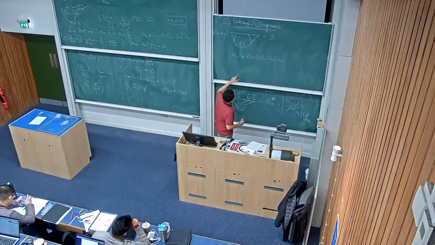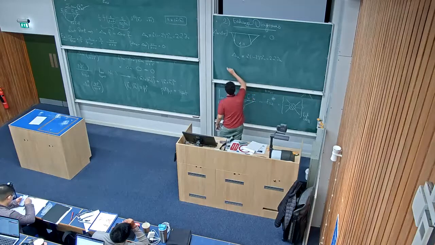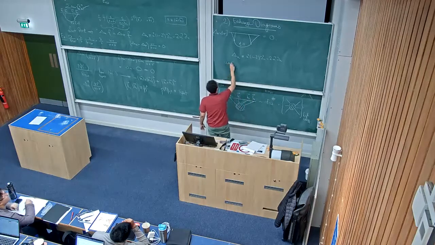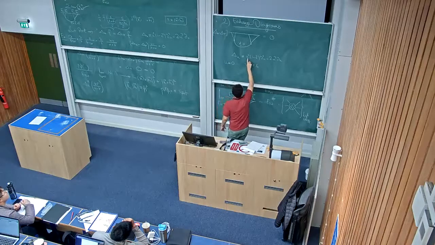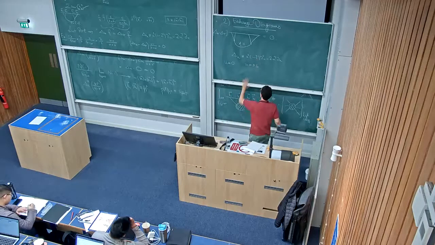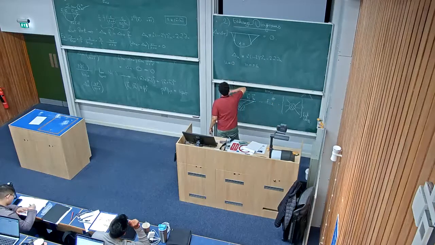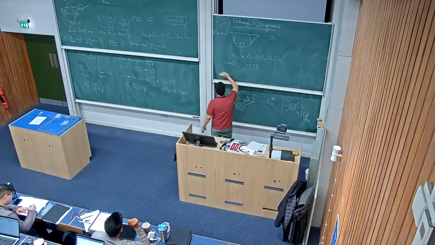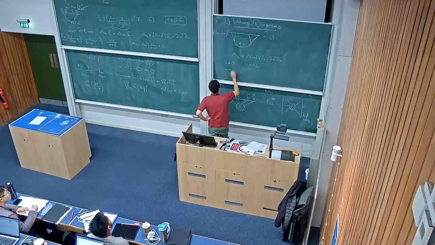But notice that it has other singularities. Let's look at the other potential singularities. There are singularities at U equals 0 and U equals plus or minus 1. Just looking at when the coefficient of the top derivative goes to 0. So U going to 0 is when S goes to 0, okay?